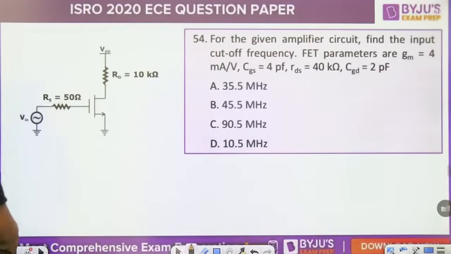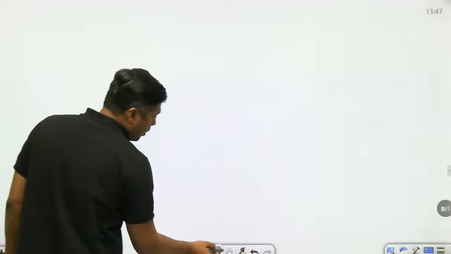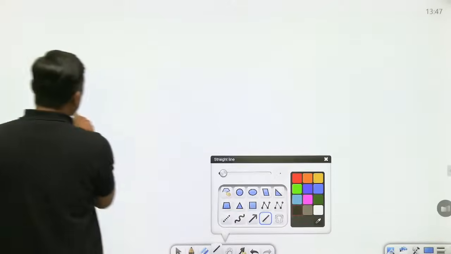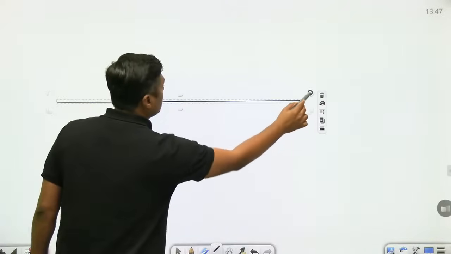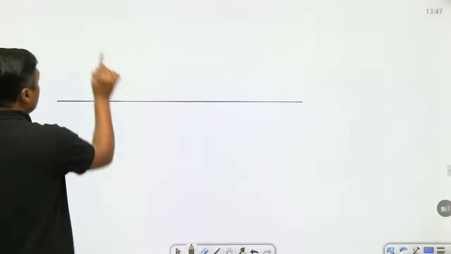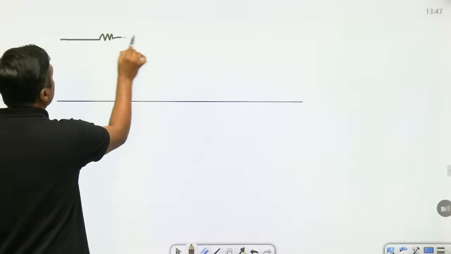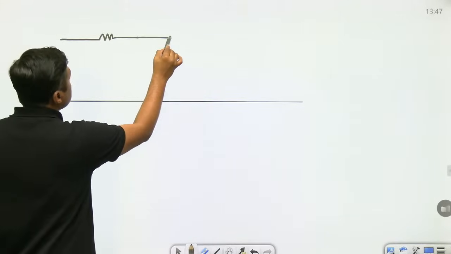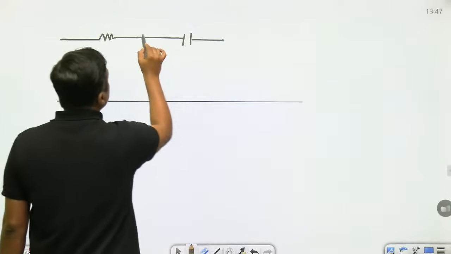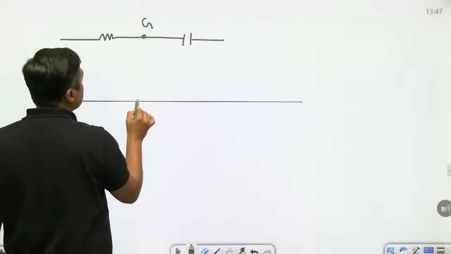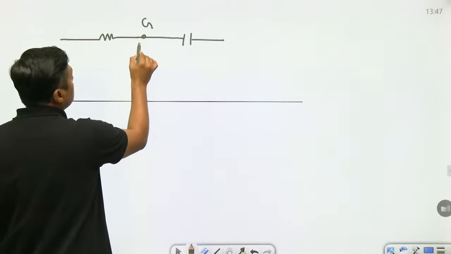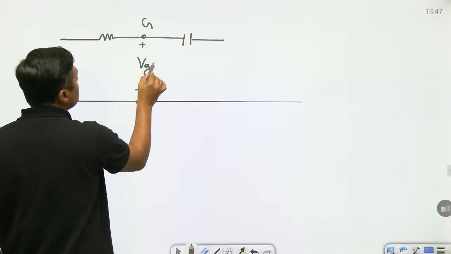In case of high frequency analysis, first of all draw the model here. What is the model here? This is the model. Then connect here one capacitor. This is called gate. This is the source. This voltage is called VGS.